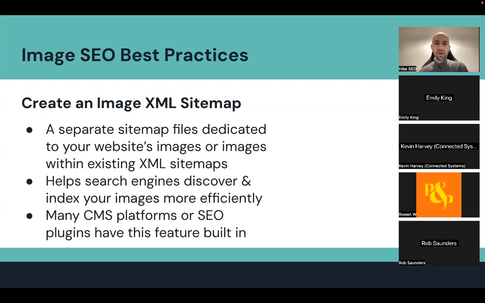When they automatically create the XML sitemap, they include the images in there as well. So you don't have to worry about creating a separate one. It's already built in. But if you do want a separate one, or you have just pages in one of them, and then you want images in another one, you can look at having a separate image XML sitemap.